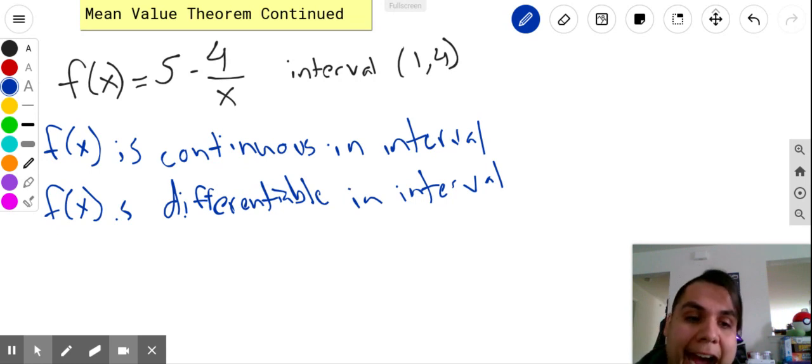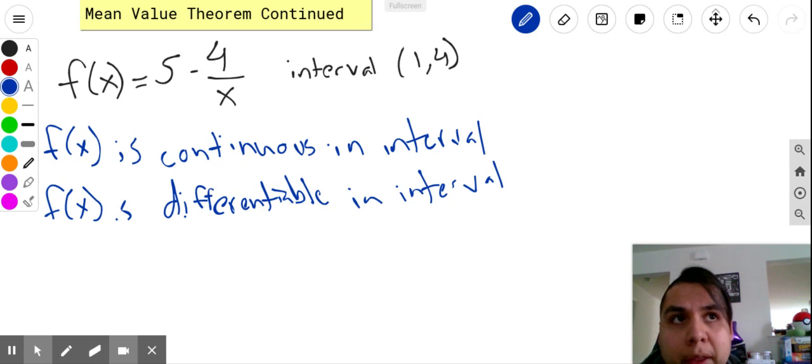So I noticed that we have a rational function, and I know that rational functions tend to have a vertical asymptote, which would be a discontinuity. However, 4 over x has a vertical asymptote at x equals 0, which is outside the interval, so I don't have issues with the continuity for that. Same with the differentiability.